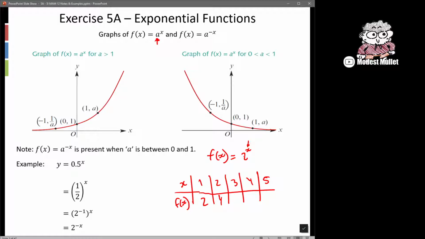Now I'm putting in 3, so 2 to the power of 3 is 8. 2 to the power of 4, we get 16. 2 to the power of 5, we get 32. So what do we notice? Well, this time it's gone up. If we think of addition, up 2, we've gone up 4, we've gone up 8, we've gone up 16, or it's multiplied by 2 every time.